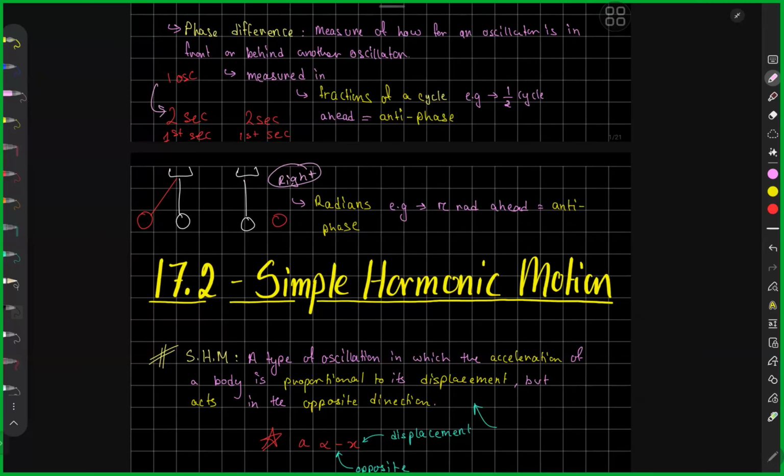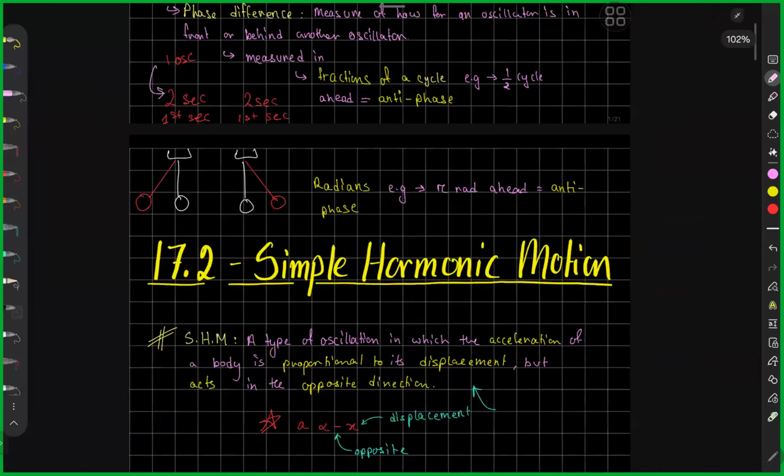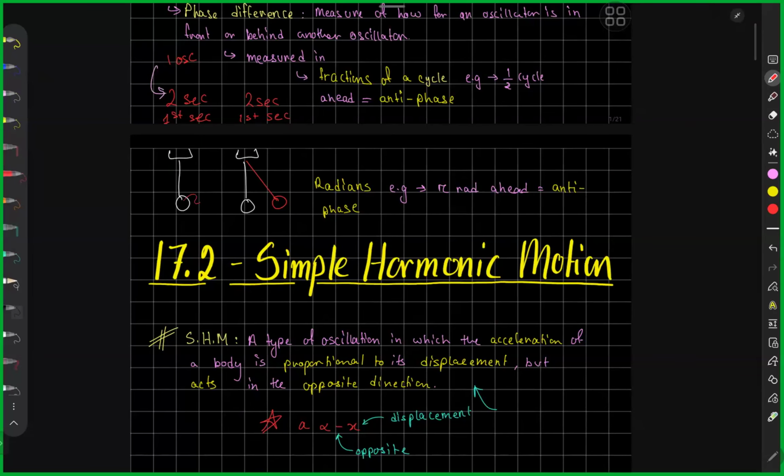Now let's change the scene a bit. Let's say I have the bob over here, and it will probably be more difficult for you, but I'll give it a shot. Same thing: 2 seconds, one oscillation.